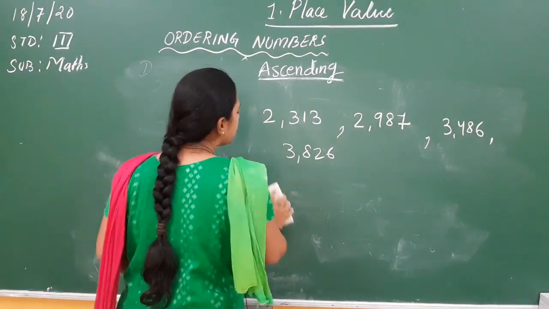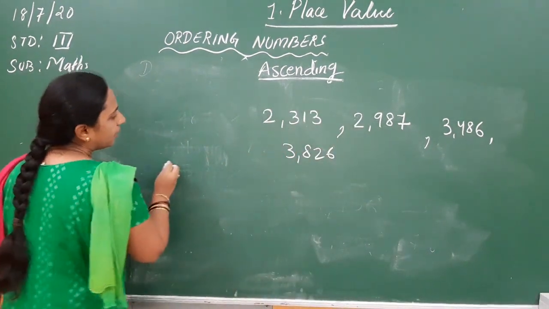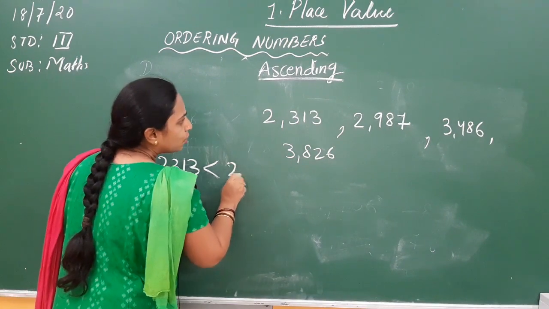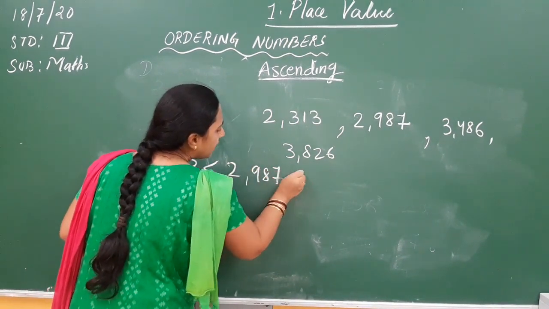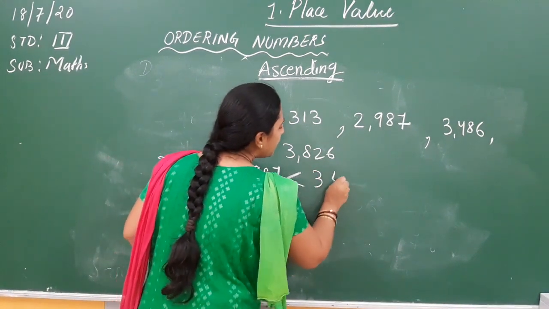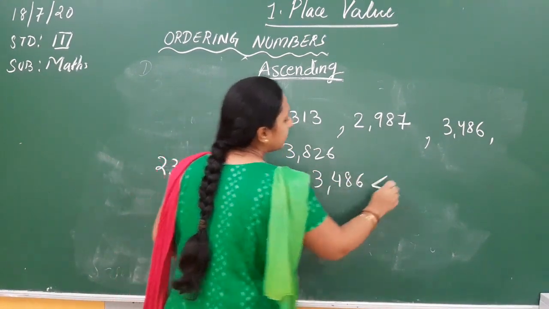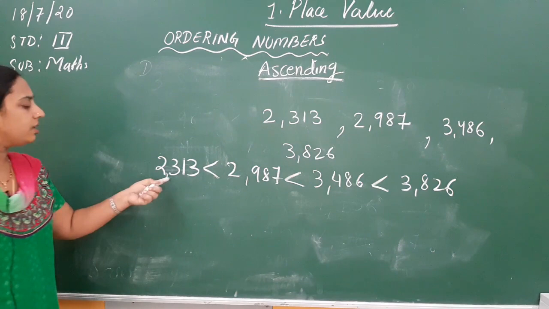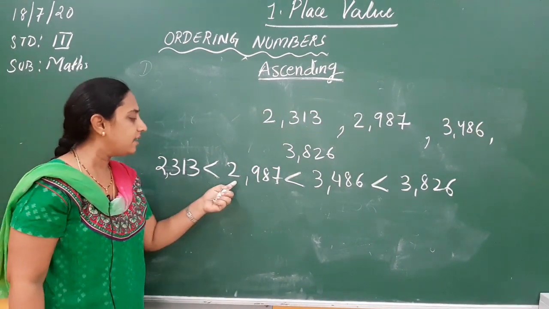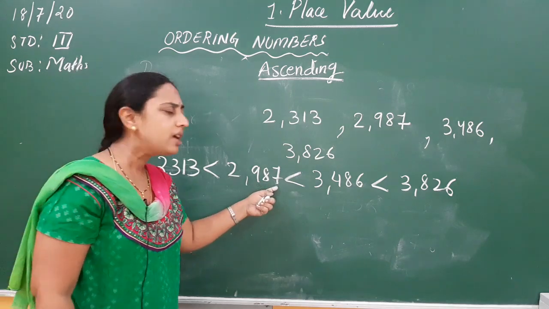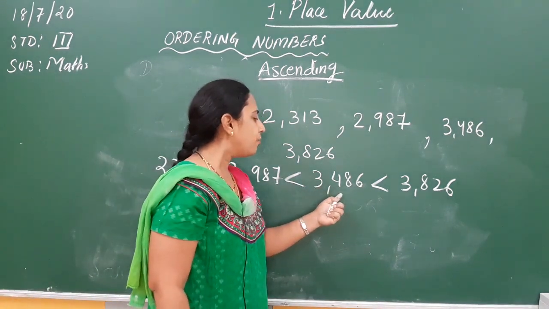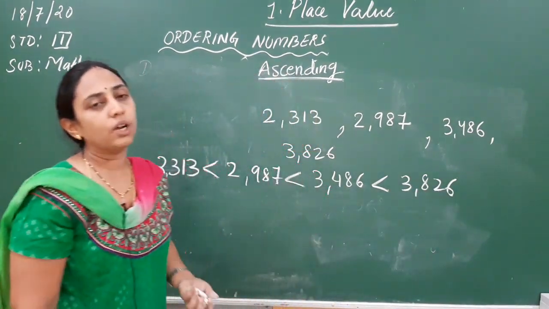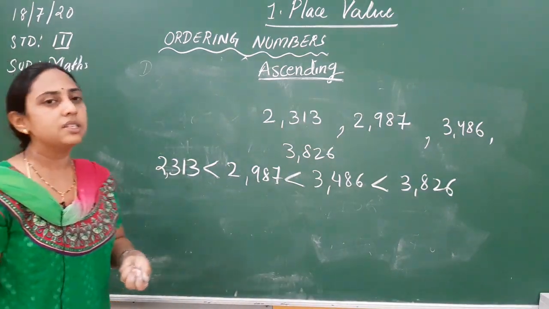How can we put these numbers? 2313 is less than 2987 is less than 3486 is less than 3824. How will we read this? 2313 is less than 2987 is less than 3486 is less than 3824, right. So this is how we will put the numbers in order.